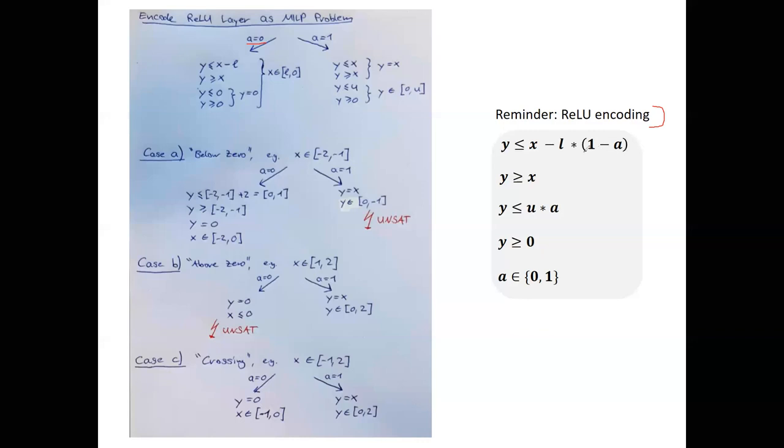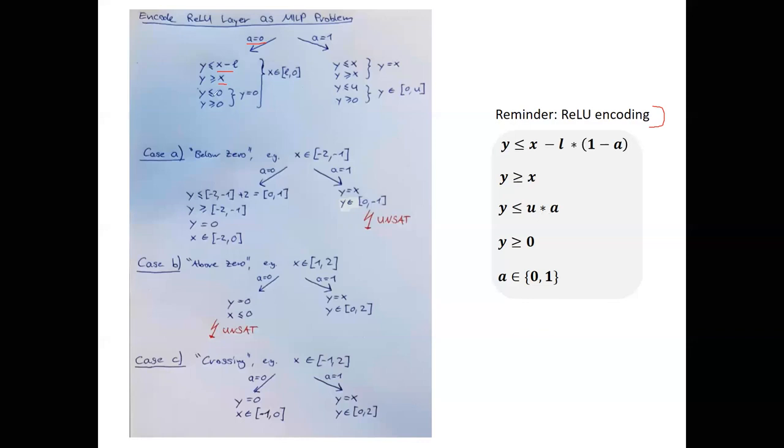So you're going to end up with y is less than or equal to x minus l, y is greater than or equal to x. Well, we just copy this. And then we're going to end up with some values for y here. So y is going to be less than or equal to u times a, but because a is 0, we're going to end up with u times 0.